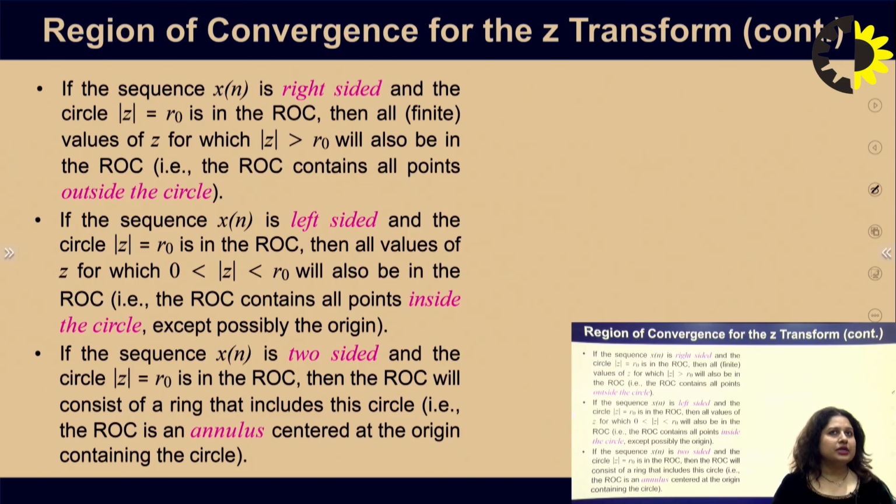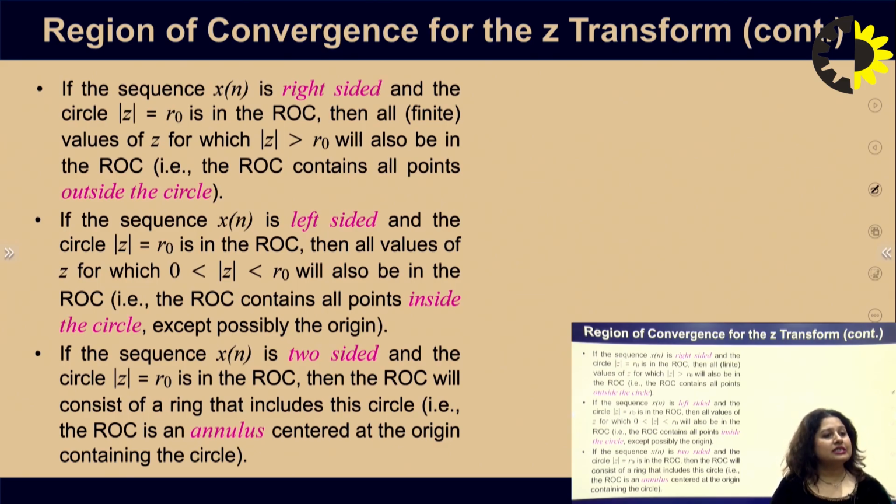As compared to the Laplace transform, where we have seen a strip parallel to the j omega axis, and according to that we write the ROCs, here we have to write the ROCs as the interior of the circle or the exterior of the circle. So if the ROC is the exterior of the circle, then it must be a right sided sequence, and if it is in the interior of the circle, then it must be a left sided sequence.